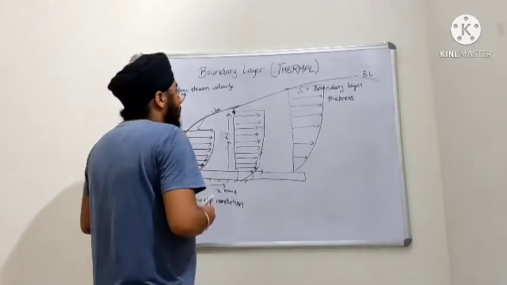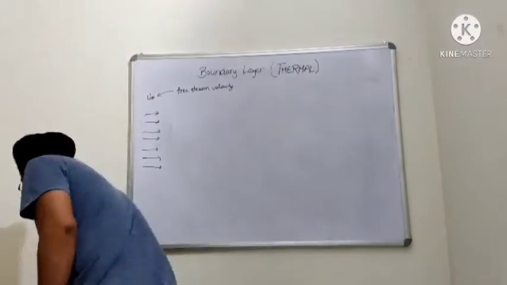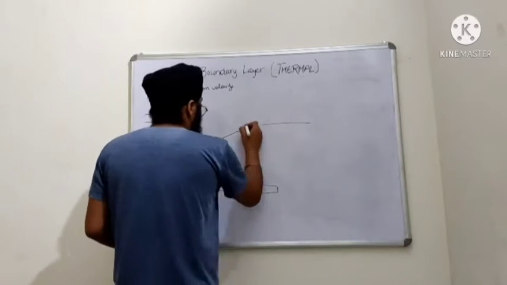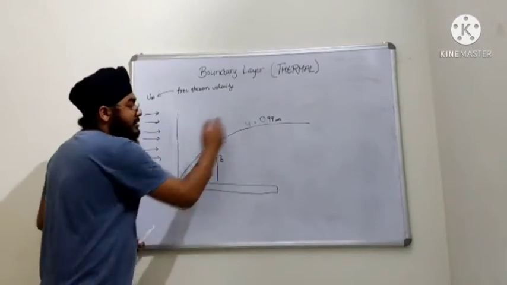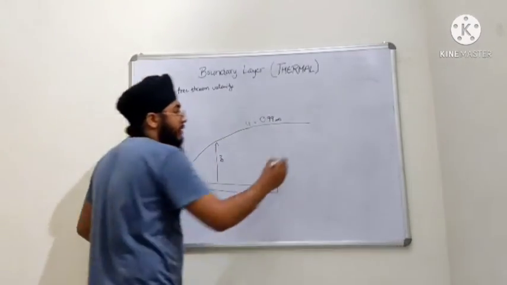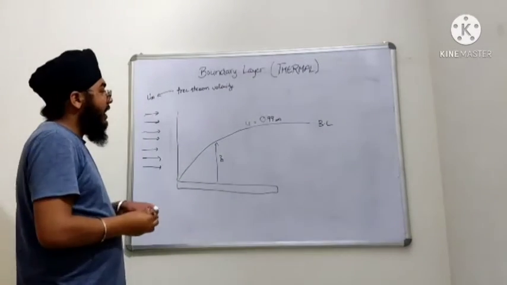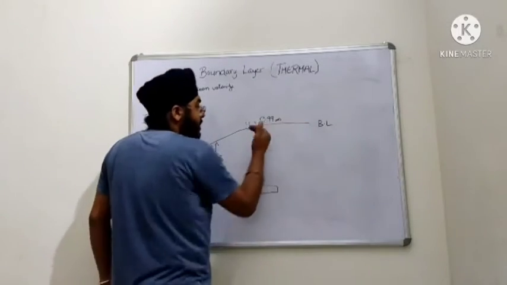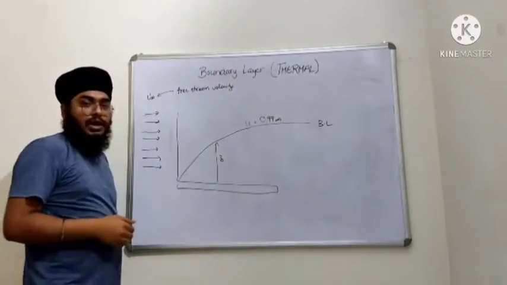So this is the curve which we get. It is the boundary layer. Now the fluid can be divided into two parts: the fluid which is under this curve, and the fluid which is outside this curve.